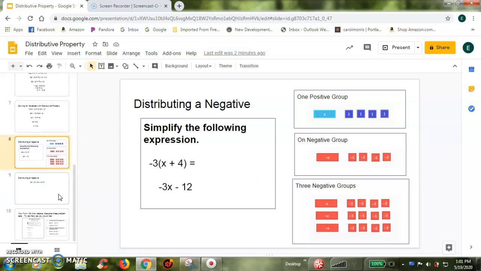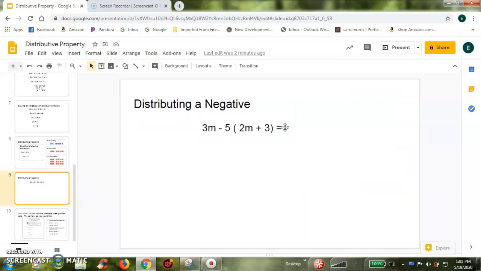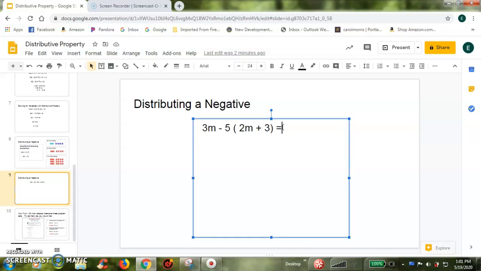All right, let's try one more together and then I'll have you do some practice. In this case, we're going to be distributing a negative 5 here. If I said this out loud, I would say 3m minus 5 times 2m plus 3. That's okay, it is subtraction. But when you're thinking in algebra, thinking algebraically means thinking about this as a negative.